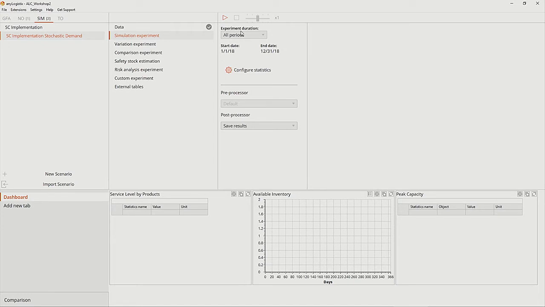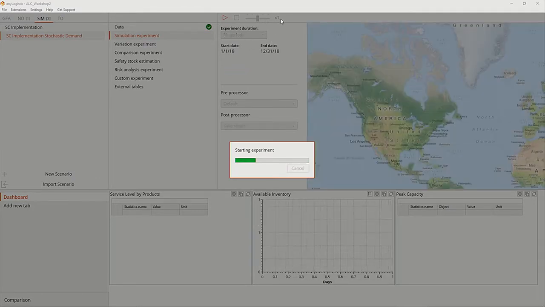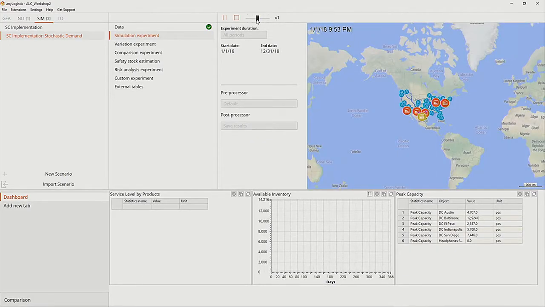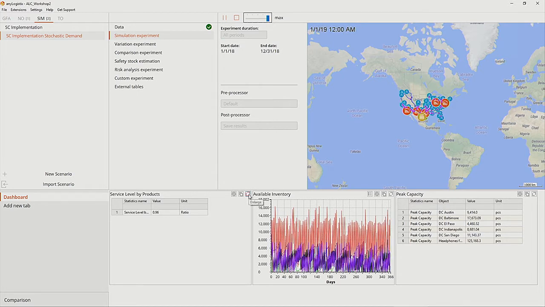So let's run the simulation again, and we'll see whether that change influences our supply chain behavior. Oh yeah, the picture is different, and I don't know whether you can see that or not, but our service level dropped to 96%.